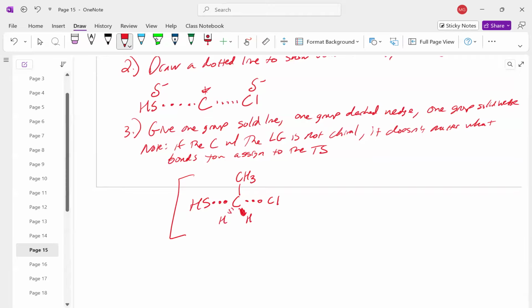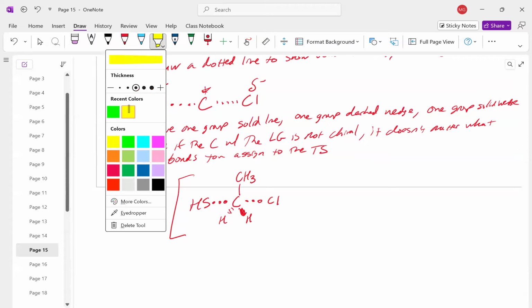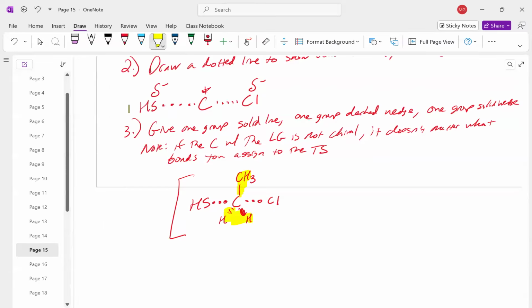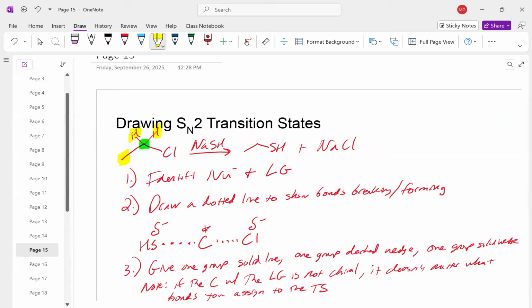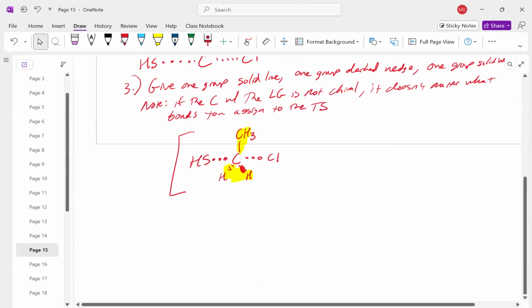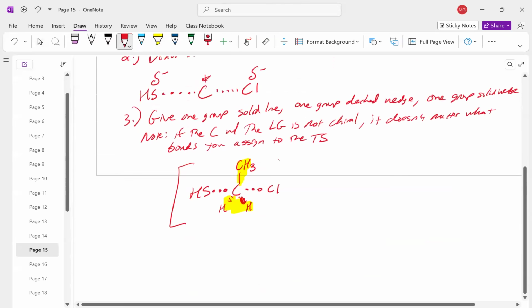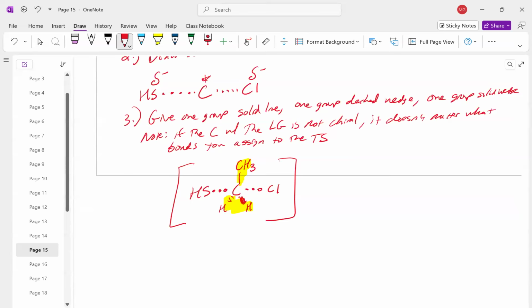Again, all of this right here, this group and these groups are this here, and then the hydrogen and the hydrogen there. And because the carbon with the leaving group is not chiral, it does not matter which one I gave the solid wedge, dashed wedge, or the solid line. And then I put the whole thing in brackets and then use this kind of marking to indicate that this is a transition state.